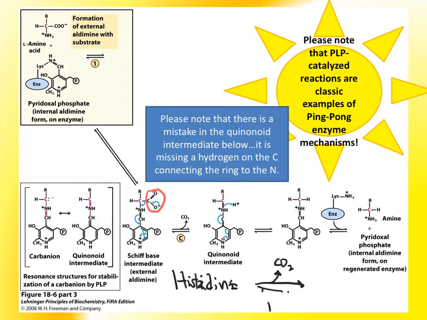It does require PLP. What does histidine become if it becomes an amine? Histamine. And we'll see that over and over and over again. This, by the way, is an aromatic decarboxylase. That's the enzyme that uses PLP.